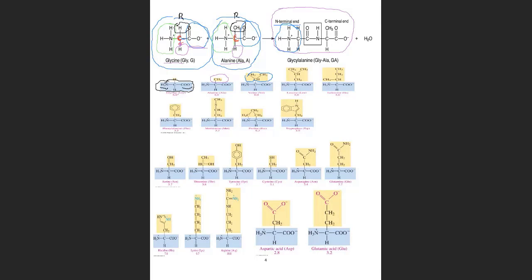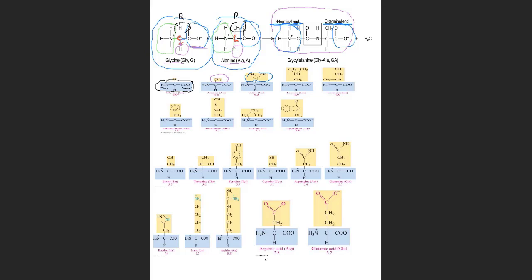The amino acid on the right, which is alanine, has a free unbonded COO group, and it's called the C-terminal end. This is the N-terminal end. These are the main names that you will need to remember.